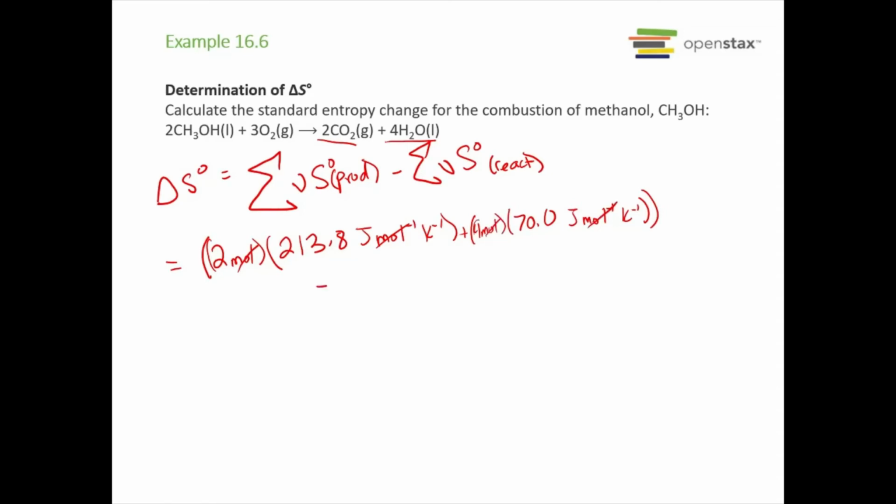And then that is going to be minus, from our reactant side, we have 2 methanol, so we need 2 moles for the methanol times its standard entropy, which is 126.8 joules per mole Kelvin. Plus oxygen, and that has a 3 in front of it, so we have 3 moles times 205.03 joules per mole Kelvin.